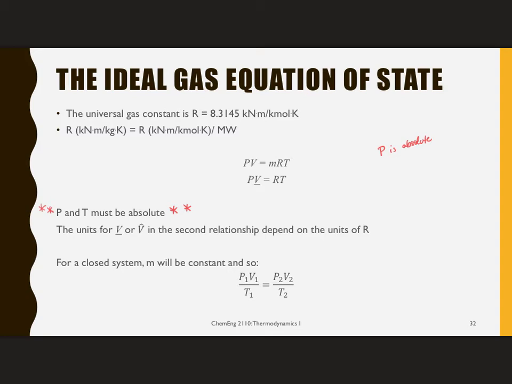Now the units for V are going to depend on the units of R. It's either molar volume or specific volume, depending on whether you use the universal gas constant or the specific one for your compound. Whichever you do, if you have a closed system, then the mass or number of moles remains constant, and R is always constant.